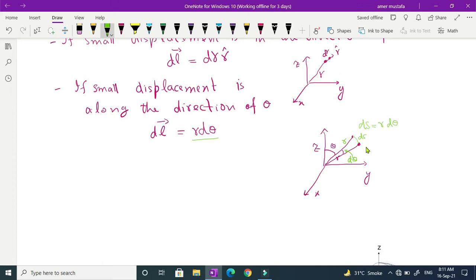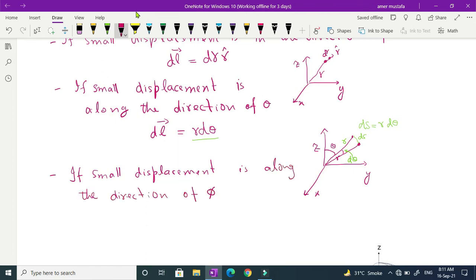If the small displacement is along the direction of phi, dl will be equal to not d phi, but dl would be equal to r sine theta d phi. How? Here I have not represented the direction of dl. The direction of dl will be along the phi cap.